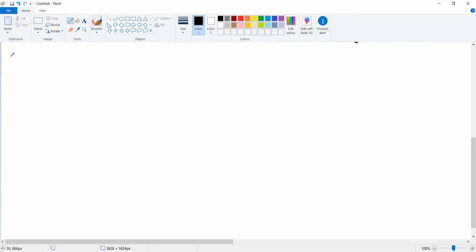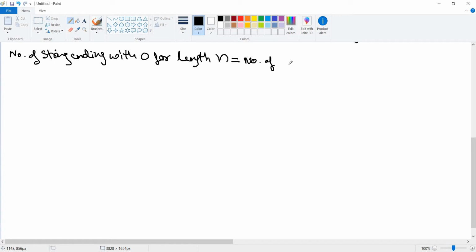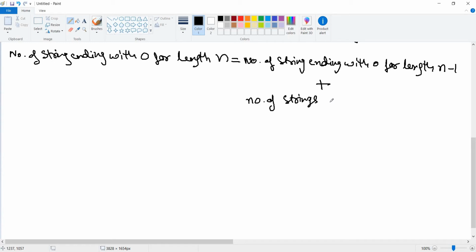We can say that the number of strings ending with 0 for length n is equal to the number of strings ending with 0 for length n minus 1 plus the number of strings ending with 1 for length n minus 1, because we can add 0 to both these strings.